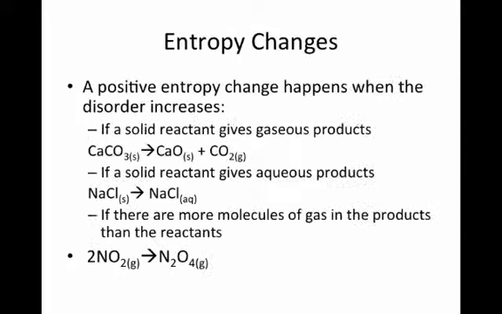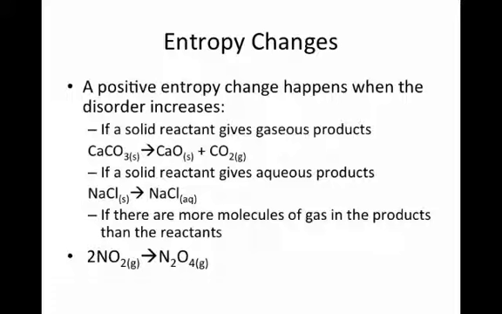But what we're more interested in is knowing how to spot a positive entropy change. So for example, anything that makes more moles of gas on one side than on the other side is going to be a positive entropy change. It's quite a big positive entropy change when you do the thermal decomposition of calcium carbonate because you make carbon dioxide gas and you start off with a solid which is very ordered.